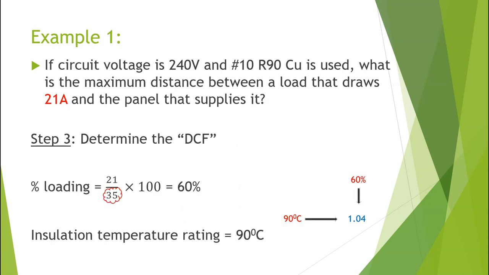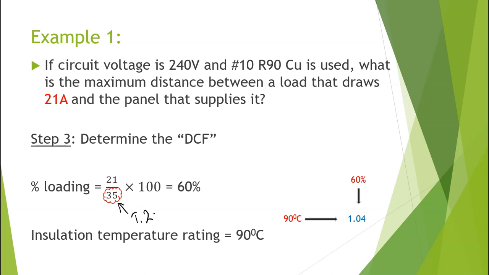The last step is to calculate my DCF. And again, this is a little bit more complicated because it requires us to go back to table 2 and get our actual ampacity allowable for the number 10 wire. But when I do my calculation, I take my actual load ampacity of 21 amps, I divide that by the allowable maximum ampacity of the number 10, which is from table 2.